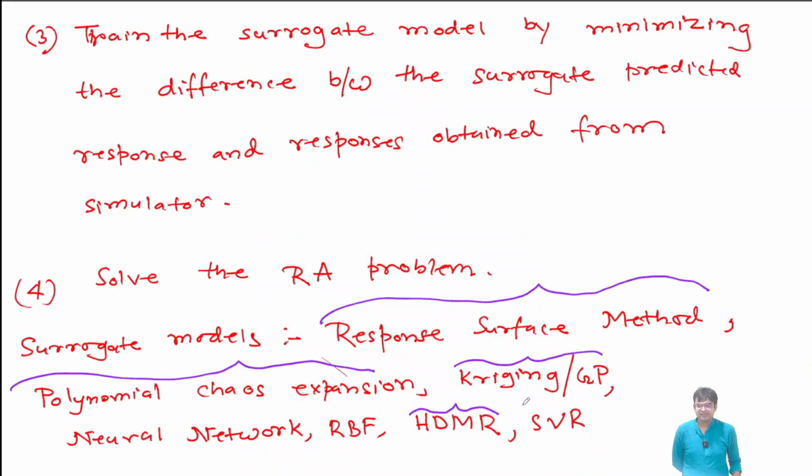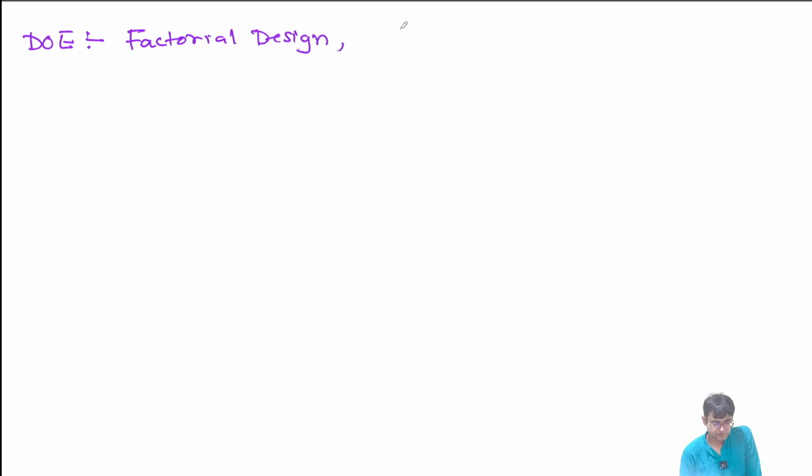Okay. And obviously, along with these 4, we will also talk about design of experiments, as I said. And in DOE, we will talk about factorial design. We will talk about central composite design, okay.